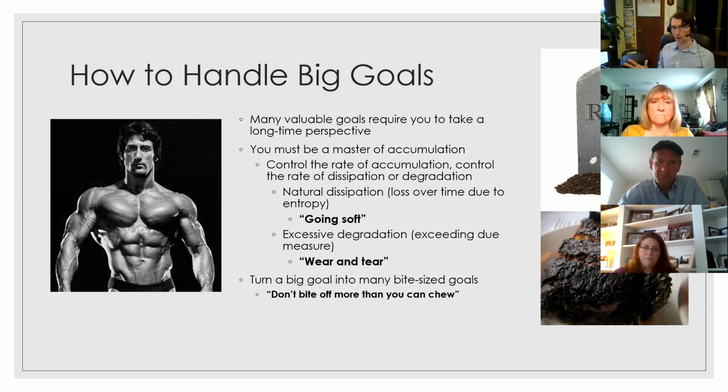The fitness example is very easy to understand. When you are exercising, you achieve this by applying a stress to yourself. There is necessarily a rate of degradation to your body that you must not overexceed, that you can't heal between workouts.